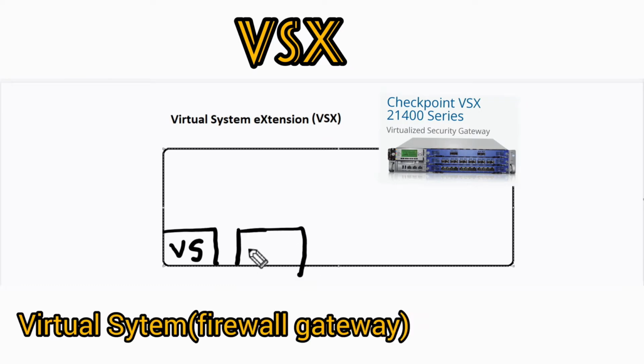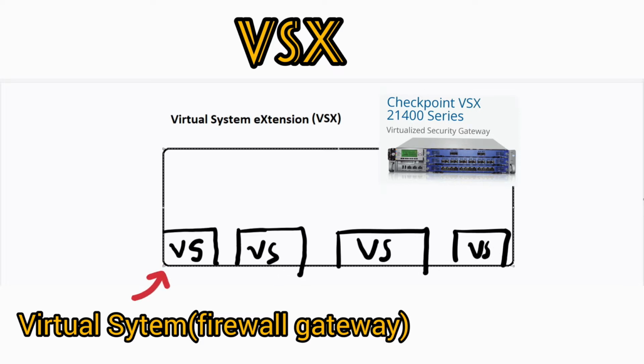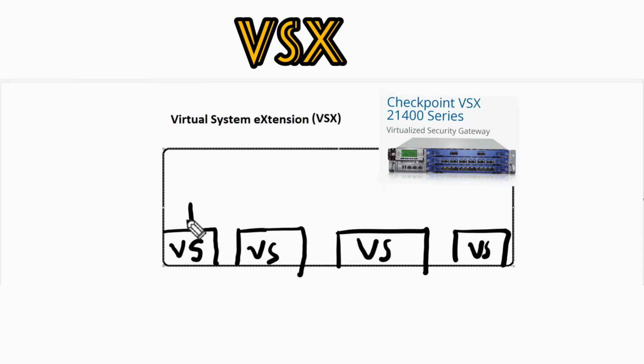Based on your license, you will have different virtual systems. These virtual systems, short form VS, can act like a firewall. So one virtual system is nothing but one firewall.